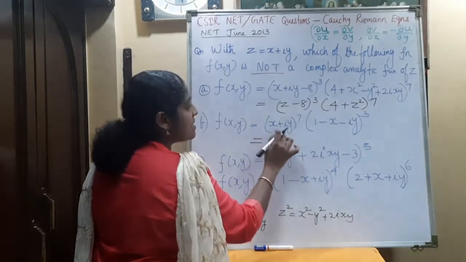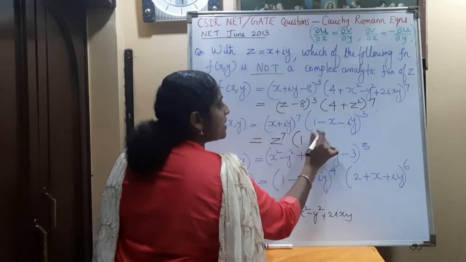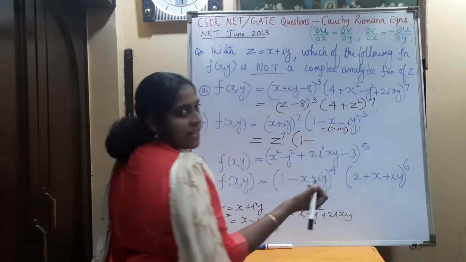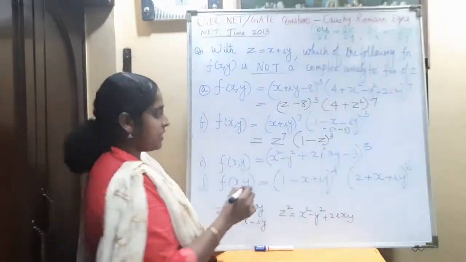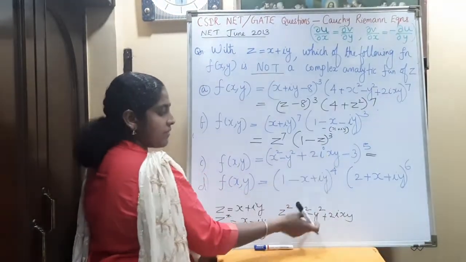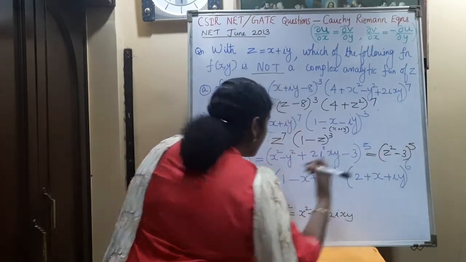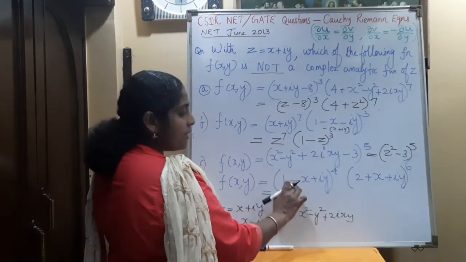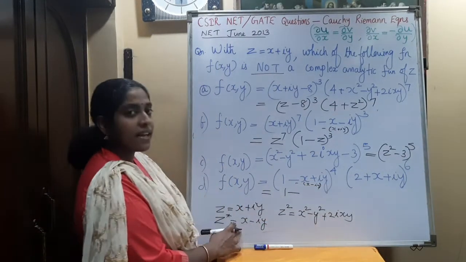Next one: X plus iY is Z. If you take the minus term outside, this will be X plus iY, which is Z only. So this is (1 minus Z) all cube. No complex conjugate there. Now in this one, X square minus Y square plus 2iXY is Z square. So this is (Z square minus 3) all raised to 5. The last option, if you take the minus term outside, is X minus iY, which is Z star.